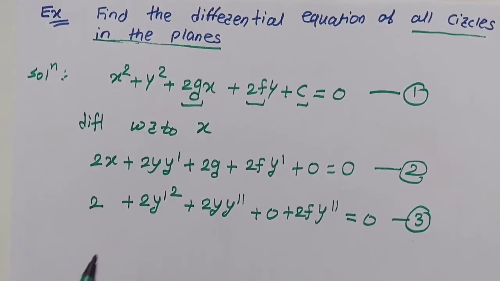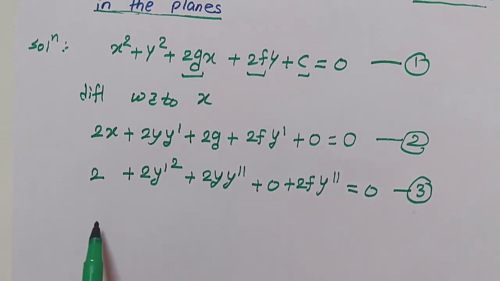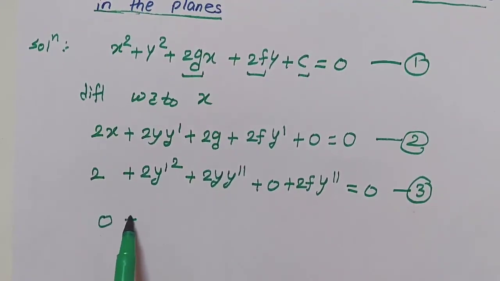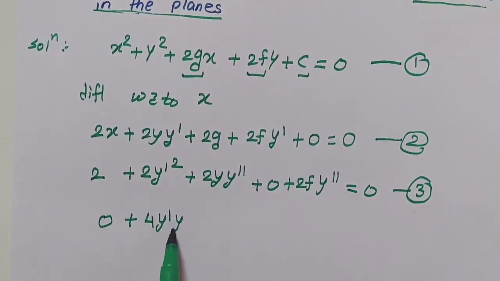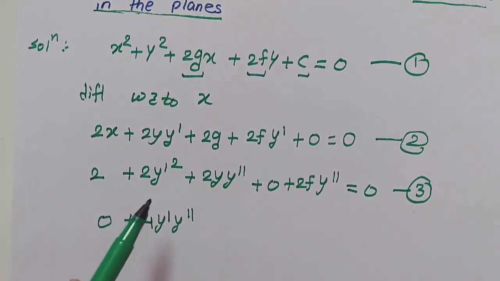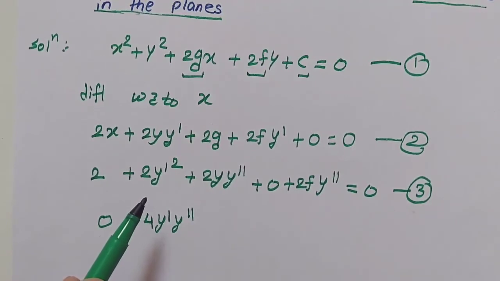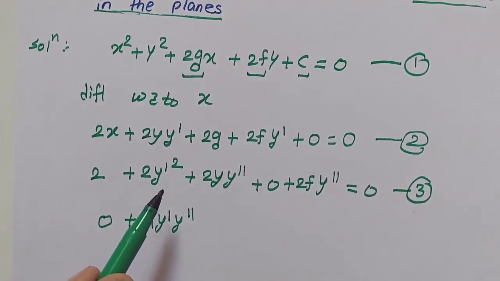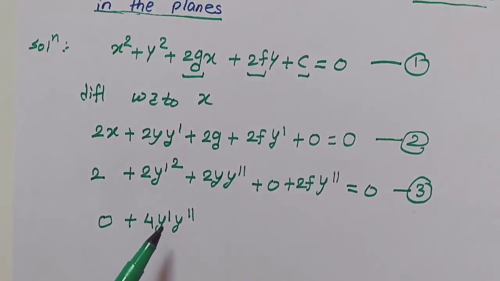Now again differentiate equation 3. The derivative of the constant is 0. The derivative of this term is 4y', and again the derivative of y' is y''. Here y is a function of x, so if we take the derivative of y' squared, it is 2y', but it is not simply x whose derivative is 1.